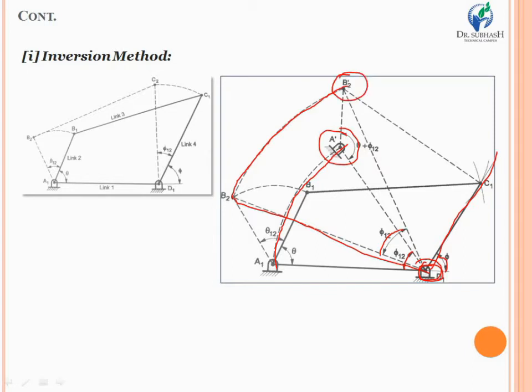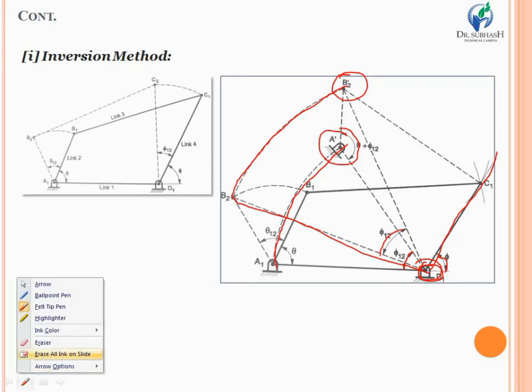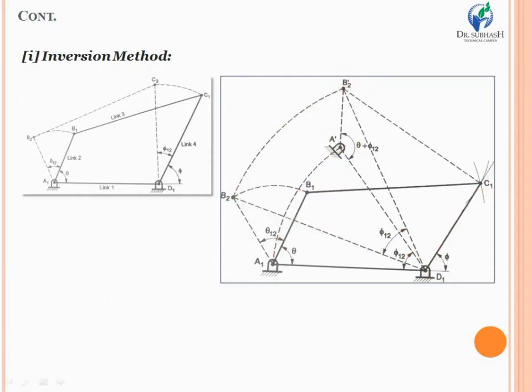Now once you have intersected and obtained the A1 dash, A dash and B2 dash points, you have to take two arcs again, taking the centers as A1 dash, A dash and B2 dash, and draw an arc which intersects at the point C in that manner.